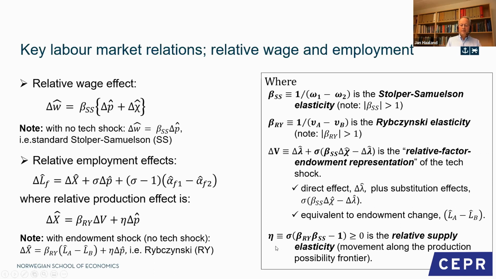This is convenient to use as a shorthand, but we should note that eta is not a separate parameter. It depends on the substitution elasticity and on the Rybczynski and the Stolper-Samuelson effects. Note that this parenthesis is always positive.